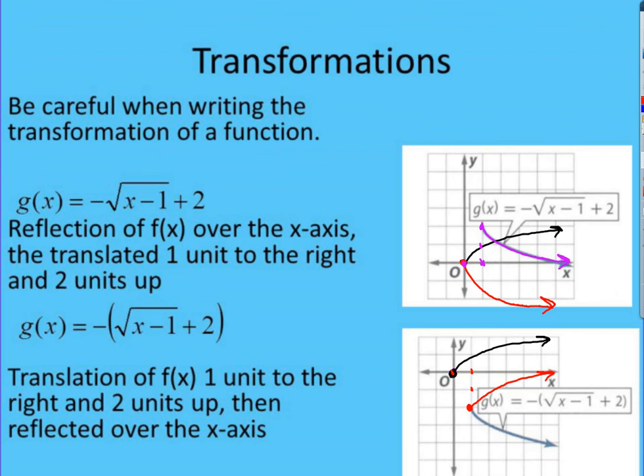And then, because the negative sign's out front, you would reflect it. So it is important, I'm sorry, I graphed that wrong. For the second step, we would go 1 to the right and 2 up. That graph would go here. Then you would reflect it across the x, and that would land down here. So the order in which you do things is important. You need to pay attention where that negative is located.